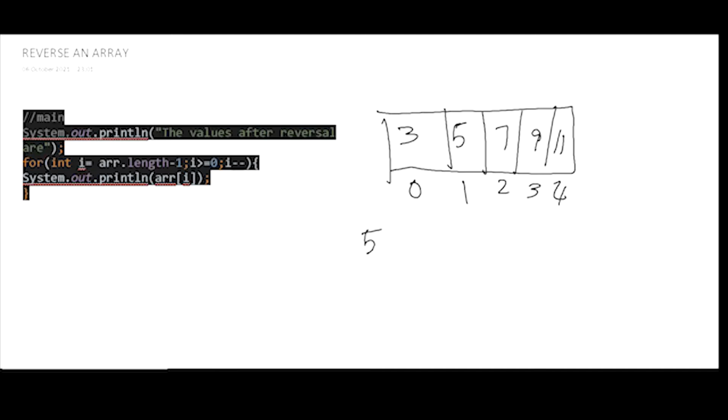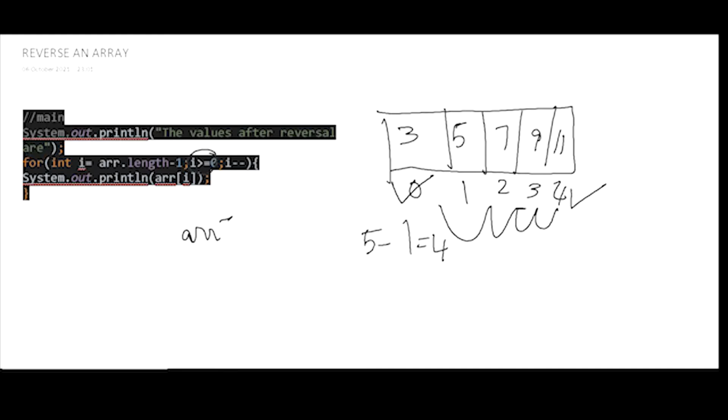So arr.length minus 1 is 5 minus 1, which is equal to 4. The traversing starts from this element and goes on till i is greater than or equal to 0, with i minus minus. So it goes on in this fashion: first 4, 3, 2, 1 and 0.